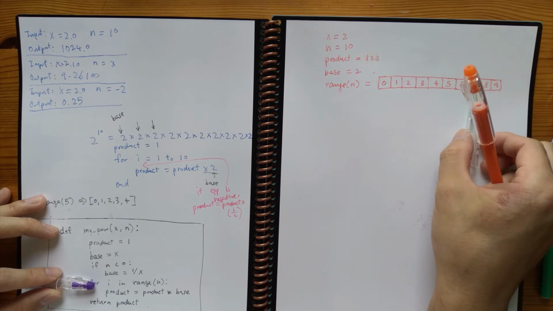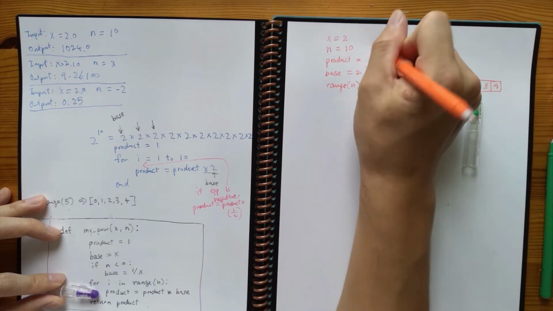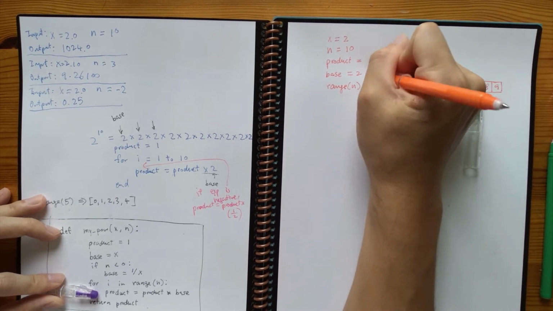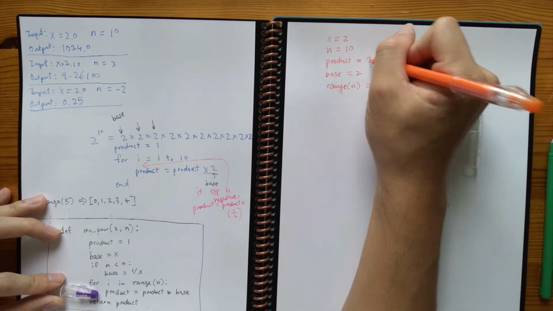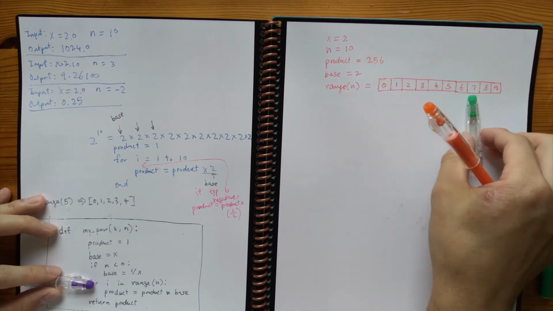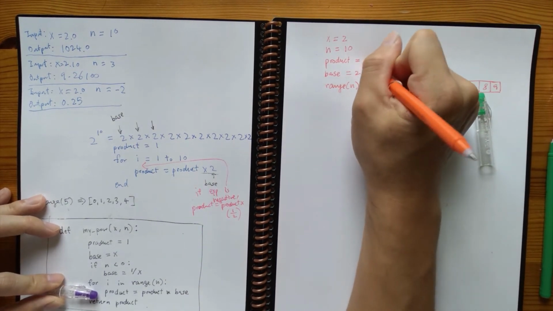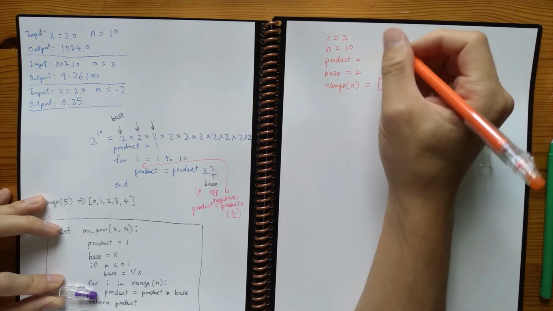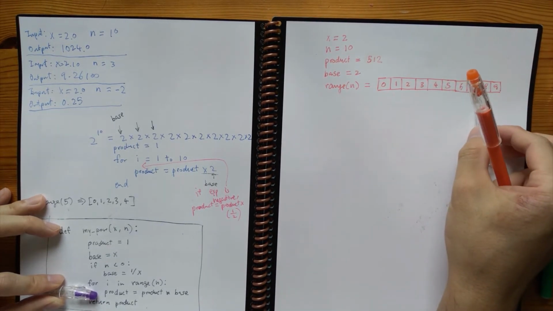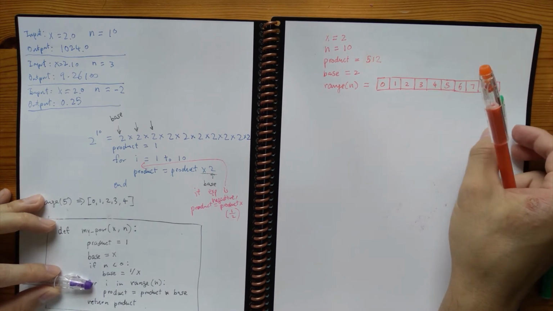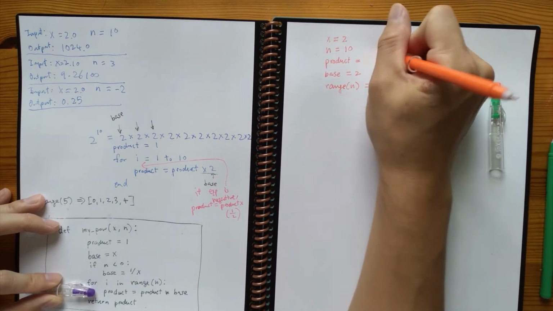Okay, move it over one more. 128 times 2 is going to be 256. Move it over another one. 256 times 2 is going to be 512. And then move it finally, this one. One more time. 2 times 512 is going to be 1024.